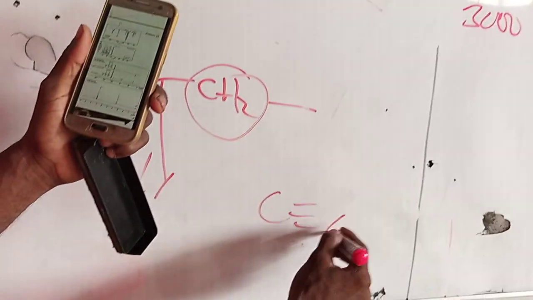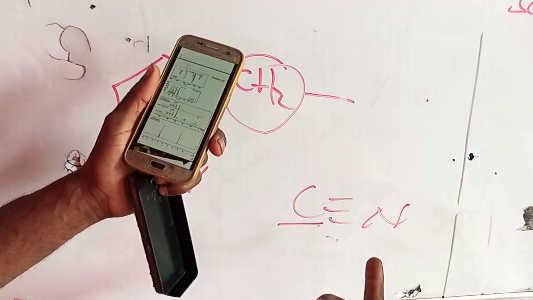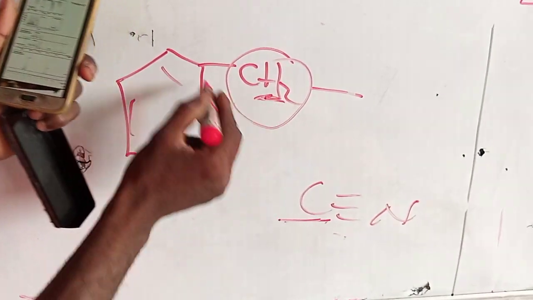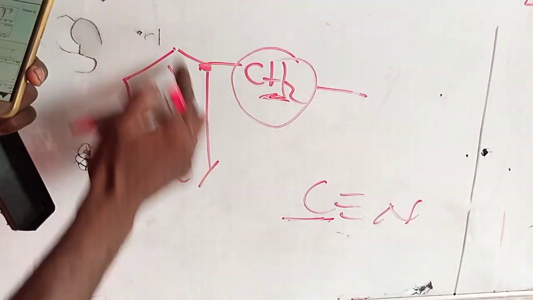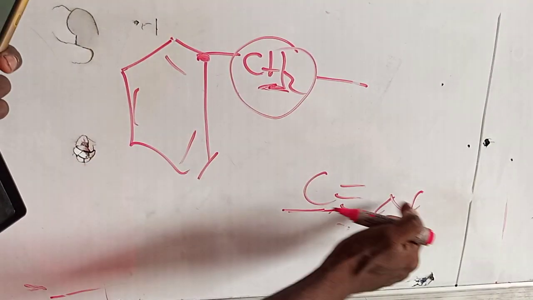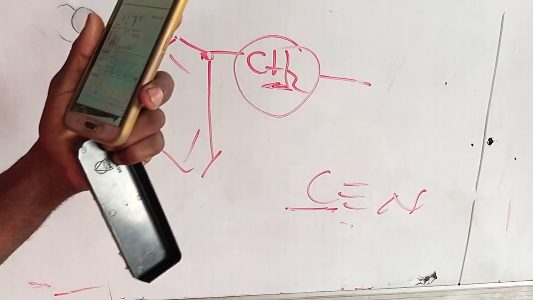Remember, we saw a C triple bond N from the IR. So this is one carbon. The CH2 is another carbon. This is another carbon. This and this are the same. This and this are the same. And this is different. So we have 1, 2, 3, 4, 5. So we have our 5 carbons.